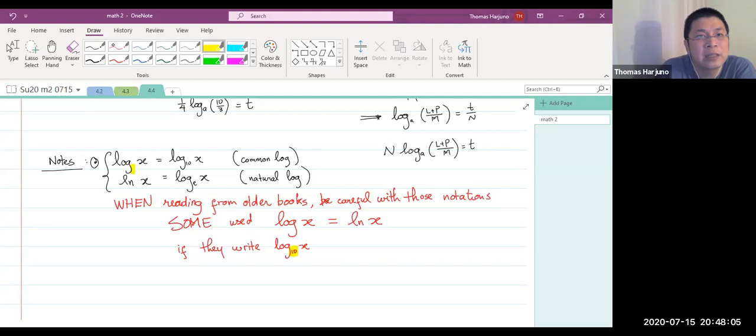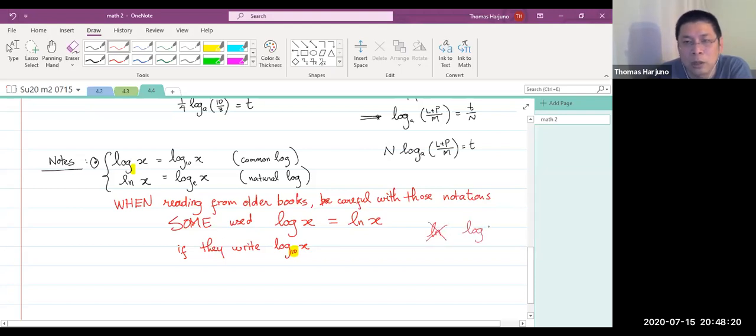Okay, so basically in old time, when they write log, they don't recognize natural log yet. So at that time, they don't use this. They use log x for natural log, but for base 10, they still write the base 10. That's what happened at that time.